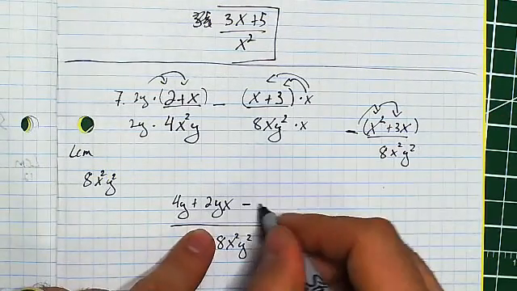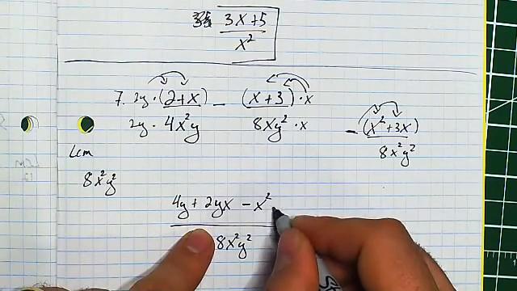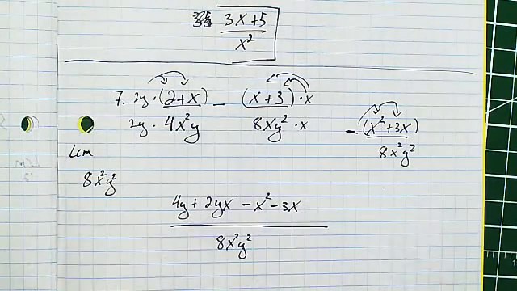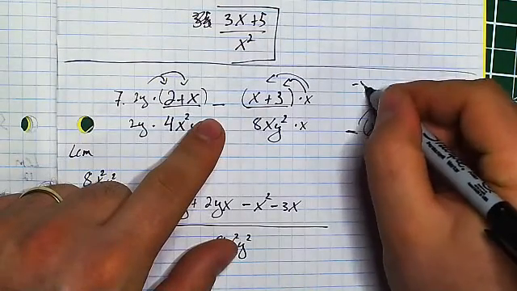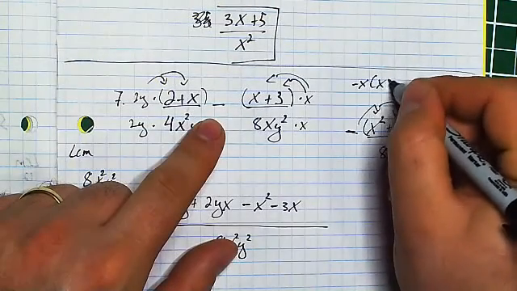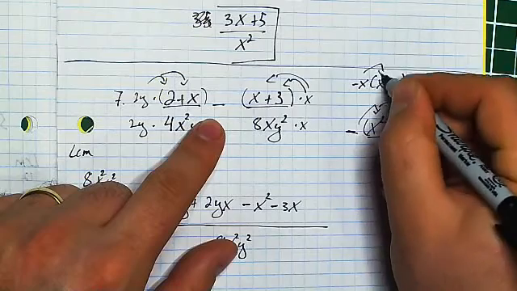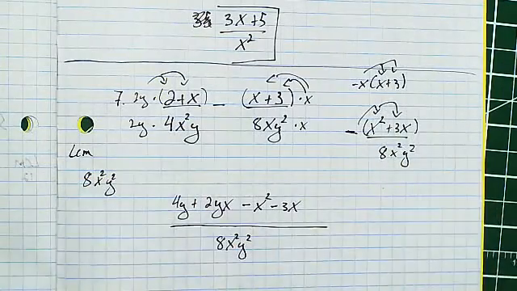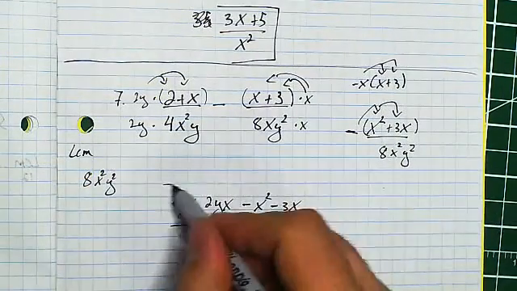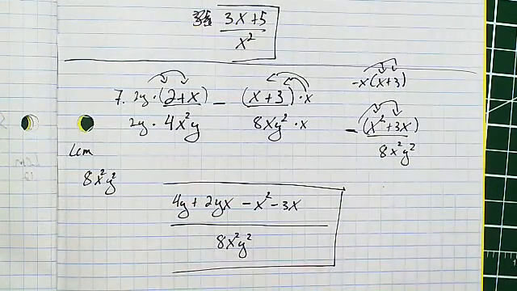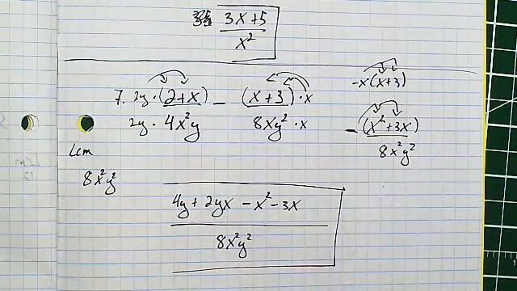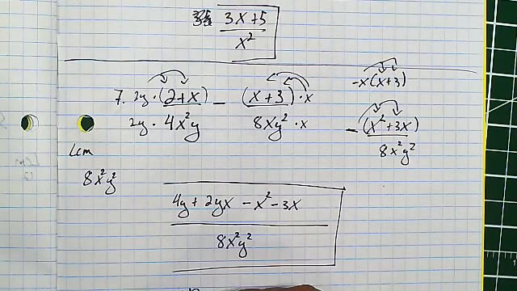That is where we get the negative x squared and negative 3x in your final answer. Another way to think about this is when you multiply that x, you could actually multiply a negative x into that x plus 3. Whatever way helps you remember that negative is there. And this is your final answer. We really can't simplify that any further.